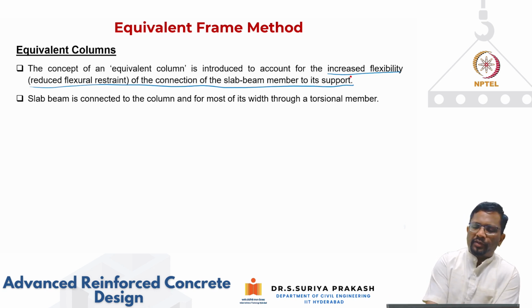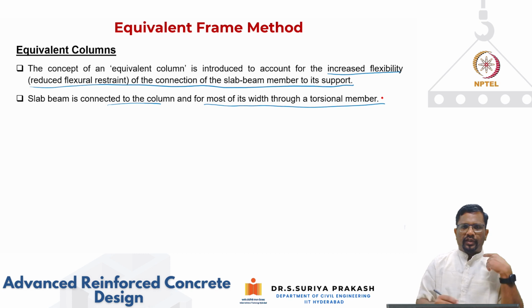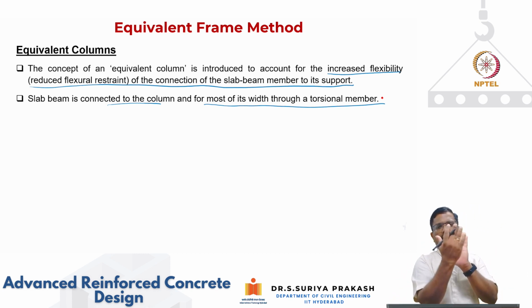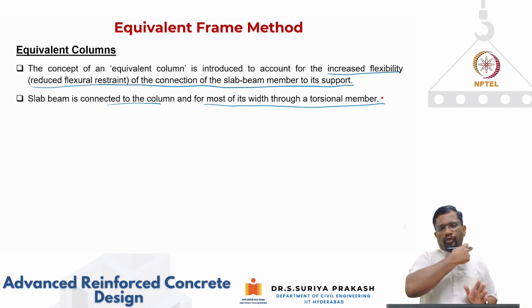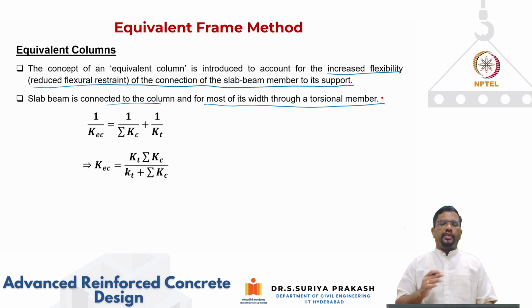The slab beam is connected to the column at the joint, but for most of its width, it is connected through a torsional member running in the transverse direction, because the column has a finite width where the joint is forming. So we have to account for this increased flexibility.